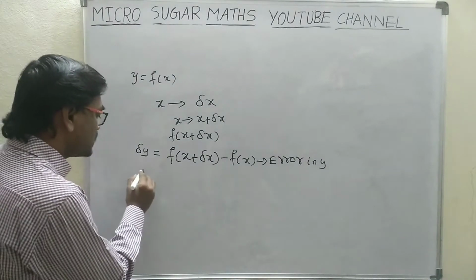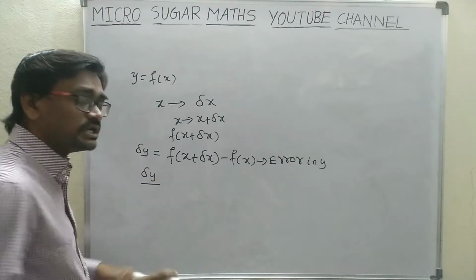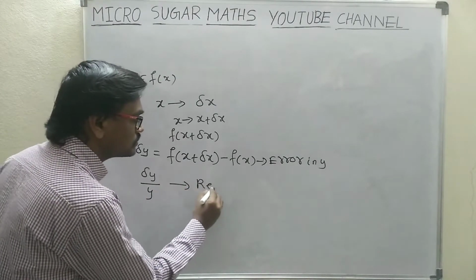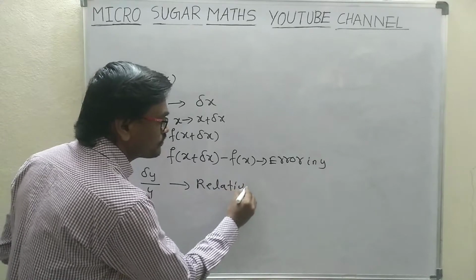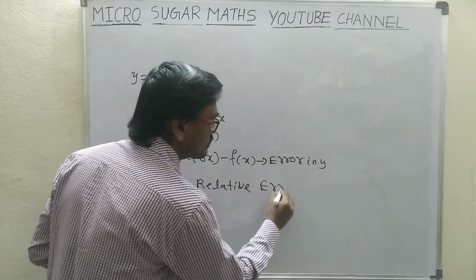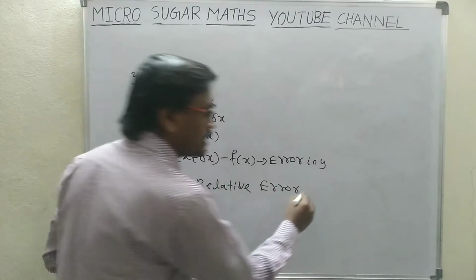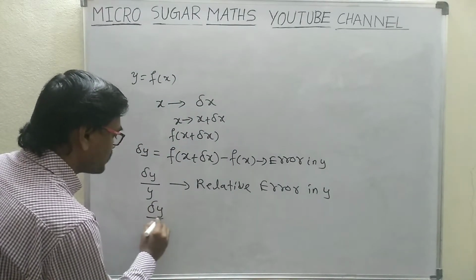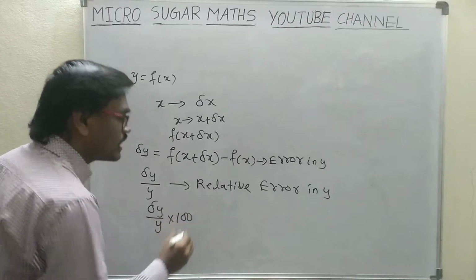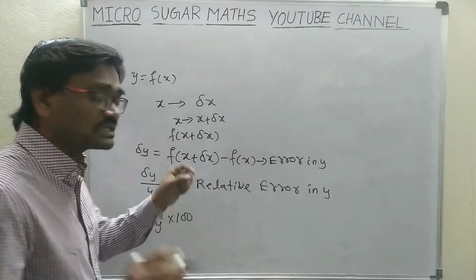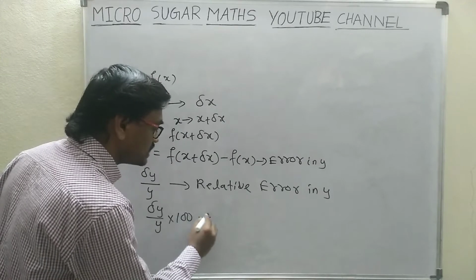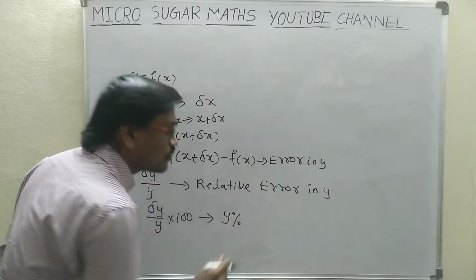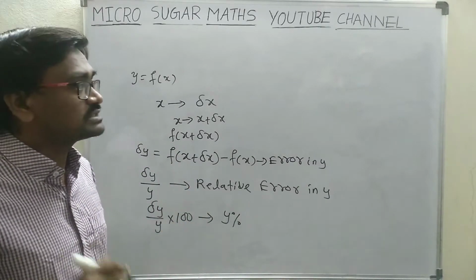Now when this error delta y is divided by y, it is called the relative error in y. When you take it as a percentage, meaning multiplied by 100, it is called the percentage error in y, and it is simply denoted as y percentage, students.